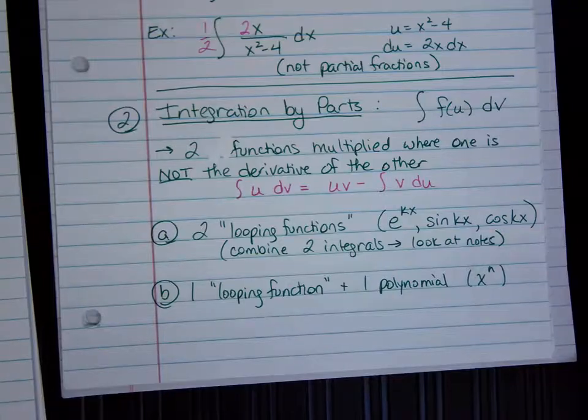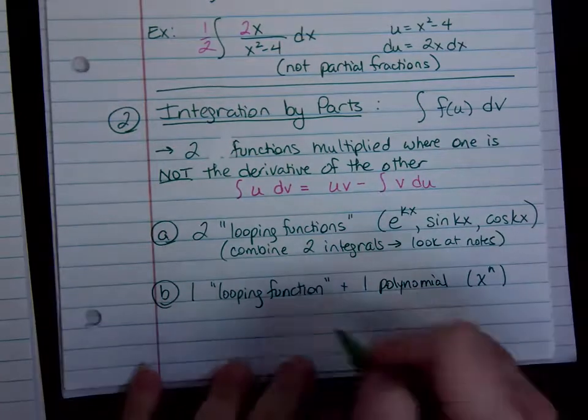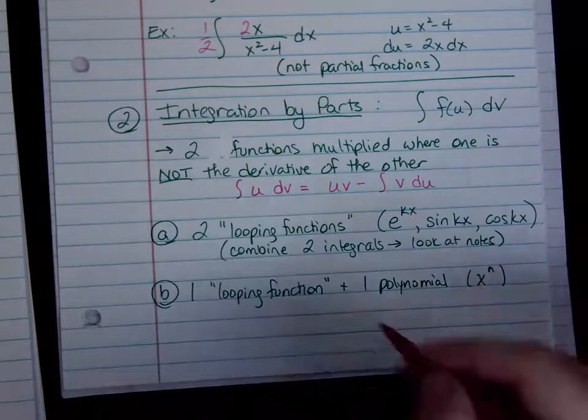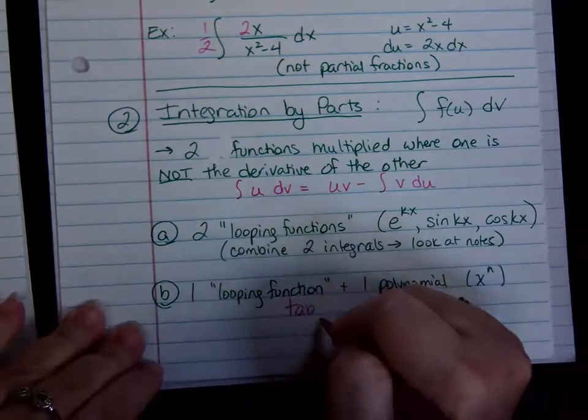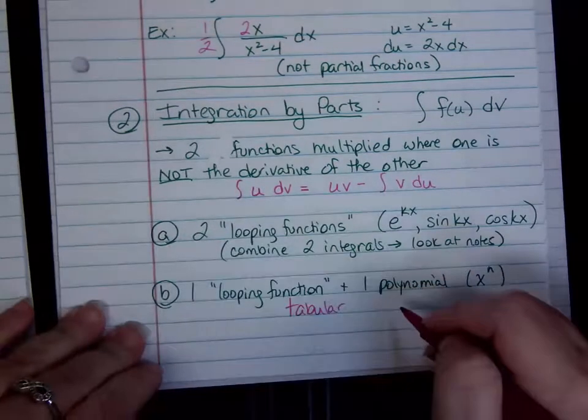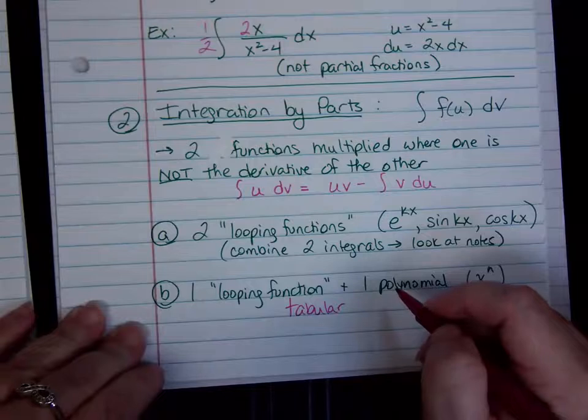Okay, so one loops, and one is an x that when you take its derivative, it will eventually go to 0. What method did we use to do these? Do y'all remember? Tabular. What's the root word of tabular? Table. It's a table of values.